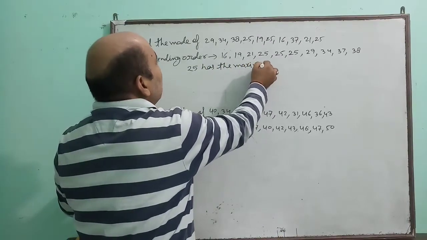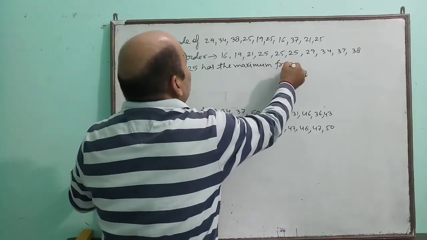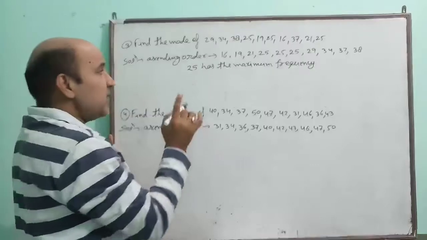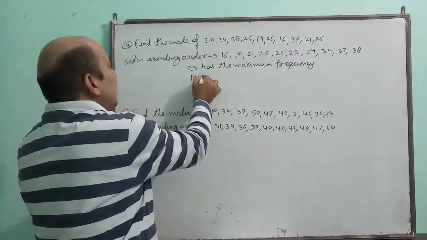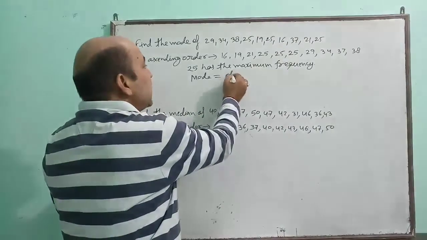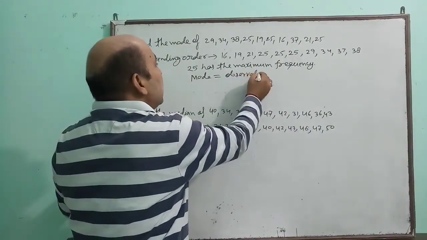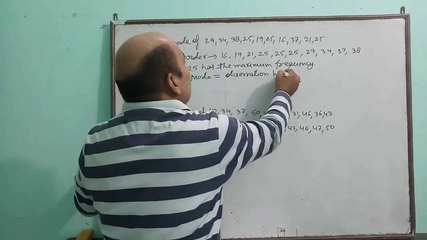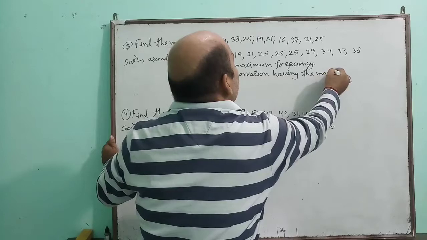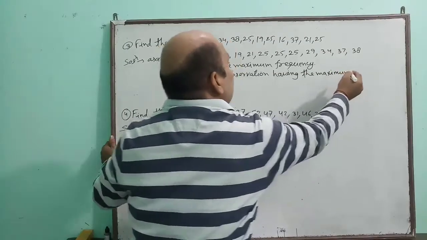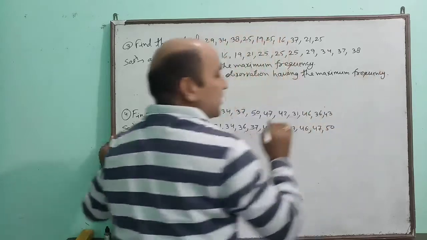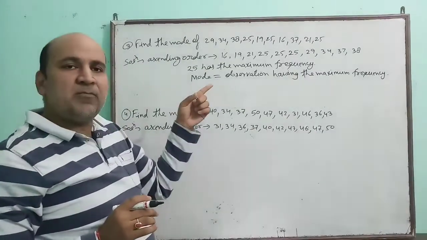Are you watching? 25 has the maximum frequency, therefore mode is equal to the observation having the maximum frequency. Understood, children? This is the definition of mode.